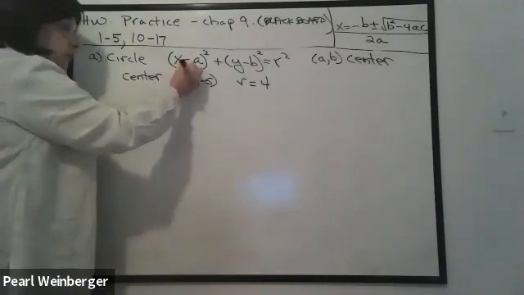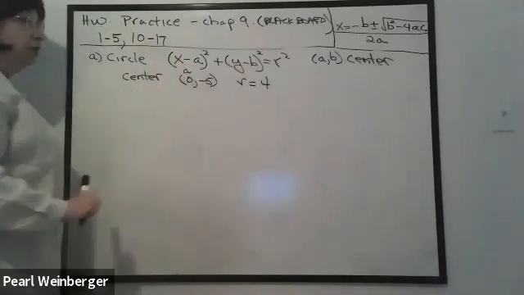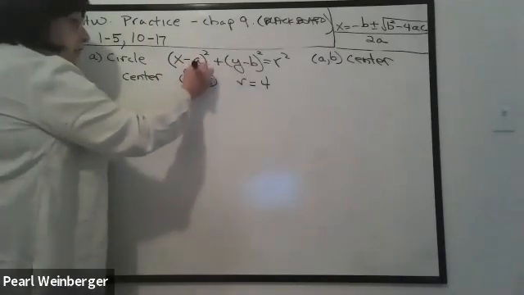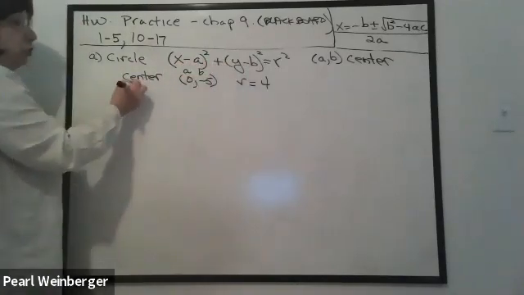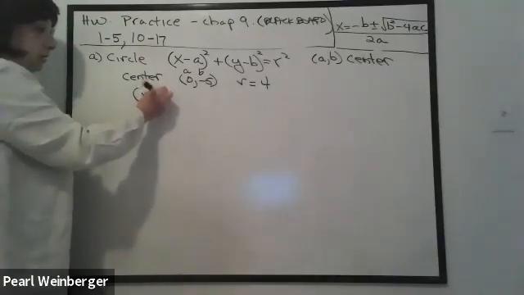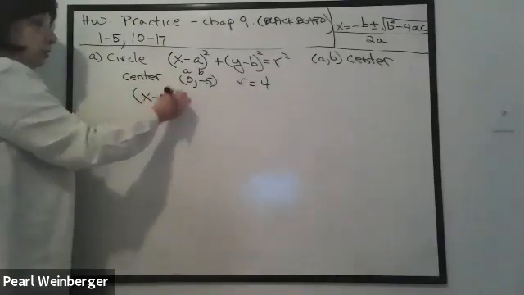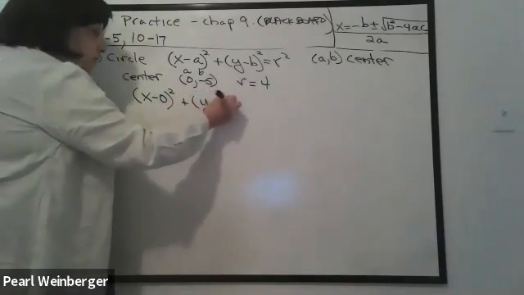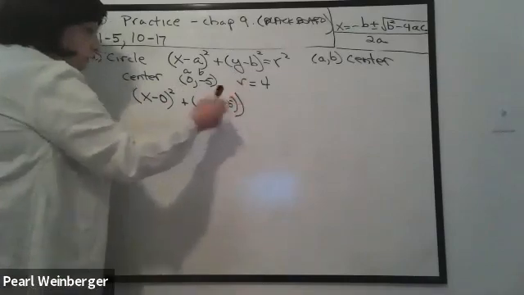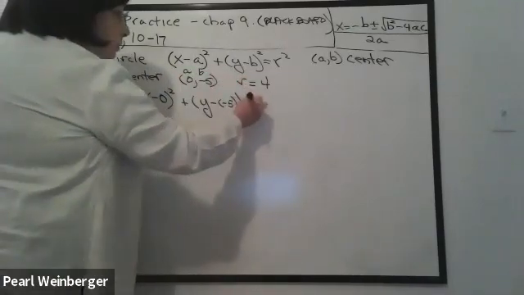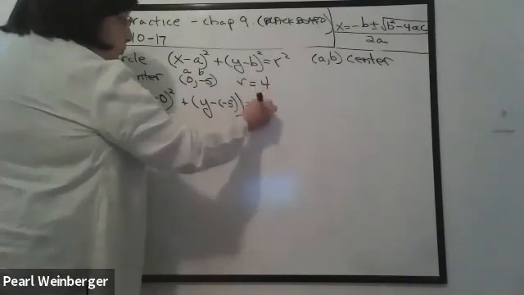then I can write the equation of the circle by replacing the a with 0, because the center gives me the a and the b, and the b with -5. So my equation will become (x minus a) squared, which is (x minus 0) squared, plus (y minus -5) squared, because my b is -5, equals r squared, which is 4 squared.